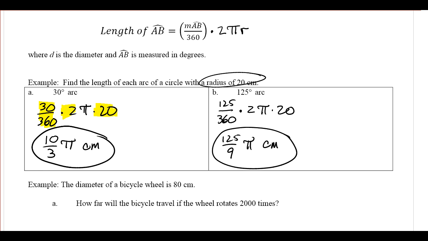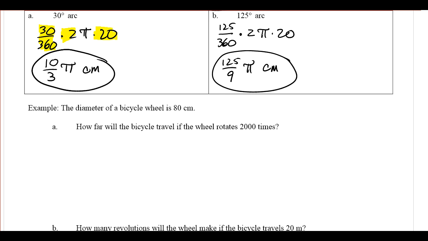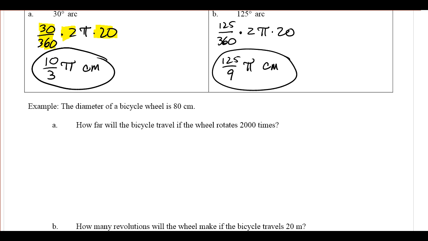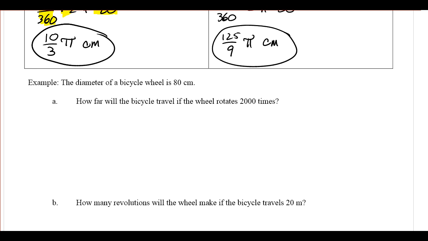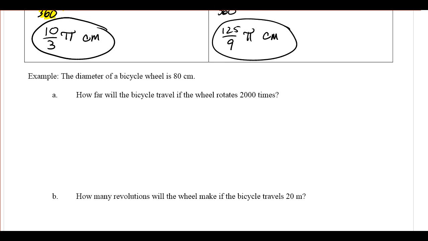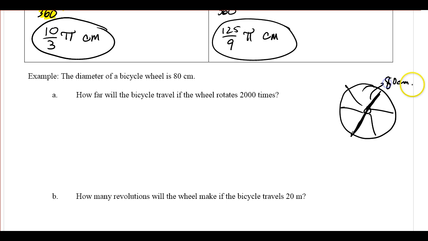So let's take a look at something that extends upon this a bit. We have the diameter of a bicycle wheel is 80 centimeters. So here's our bicycle wheel. And we know that the diameter here is 80 centimeters. Okay, how far will the bicycle travel if the wheel rotates 2,000 times?